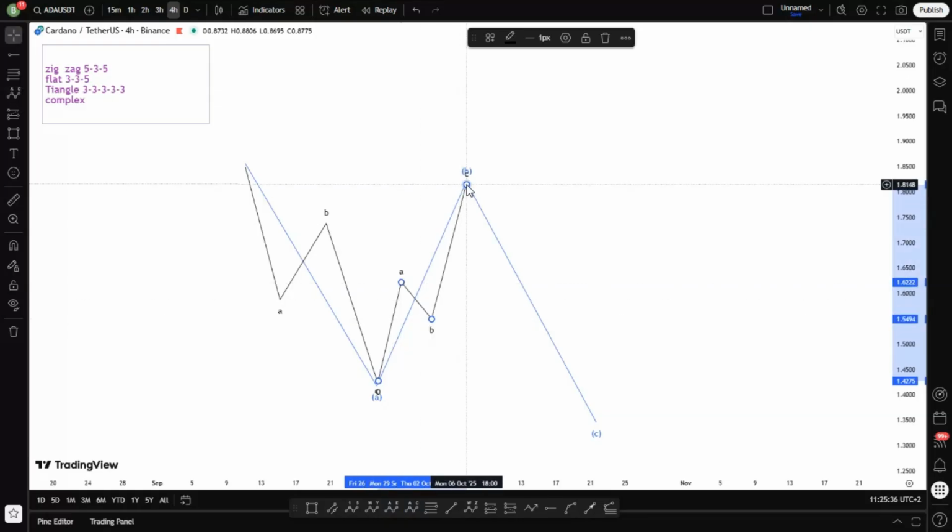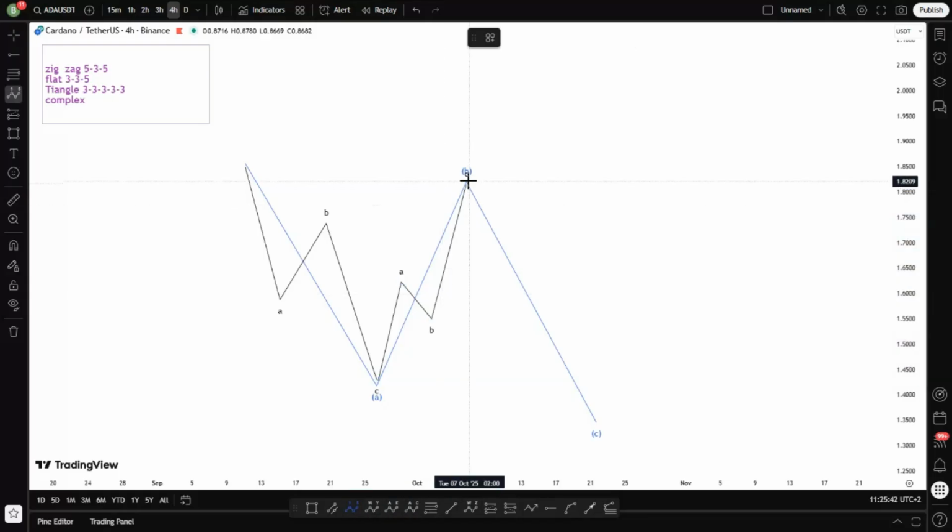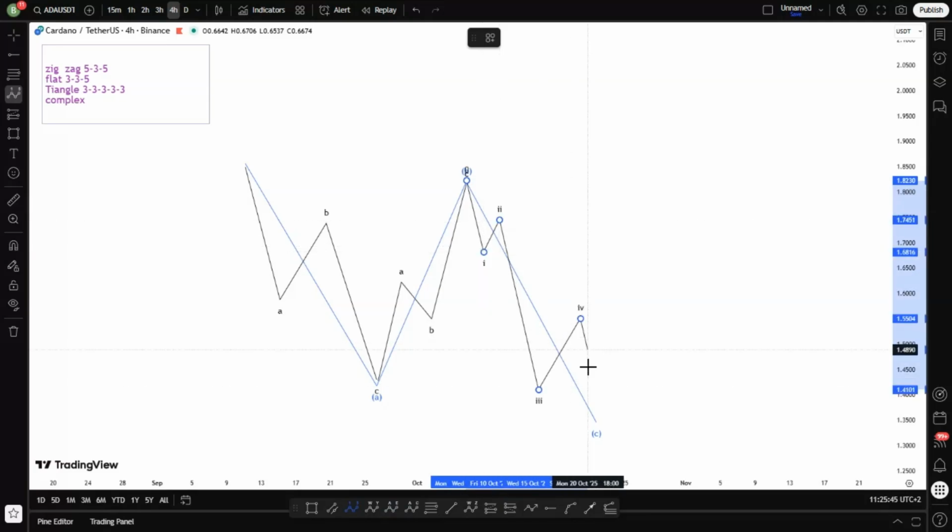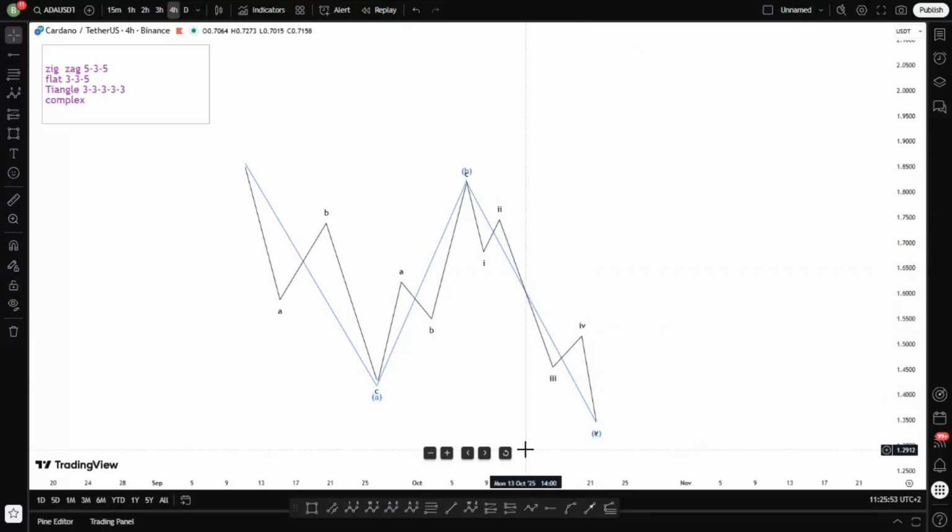So wave A of three waves, wave B of three waves, and then wave C of five waves. So wave 1, 2, 3, 4, and then wave 5. So this is how a flat pattern will always form.